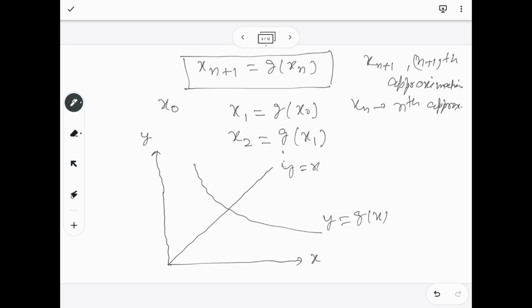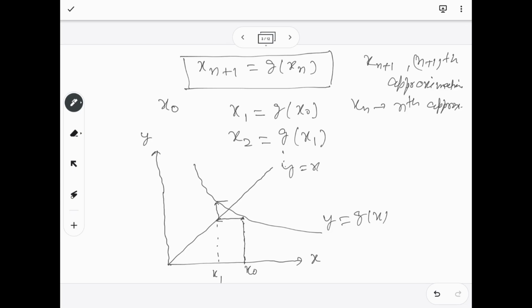Now if I take any initial approximation, let us say x naught, then I proceed like this: I draw a vertical line to the y equal to g curve, then a horizontal line to the y equal to x curve, then a vertical line to the y equal to g curve, and this is my second approximation.